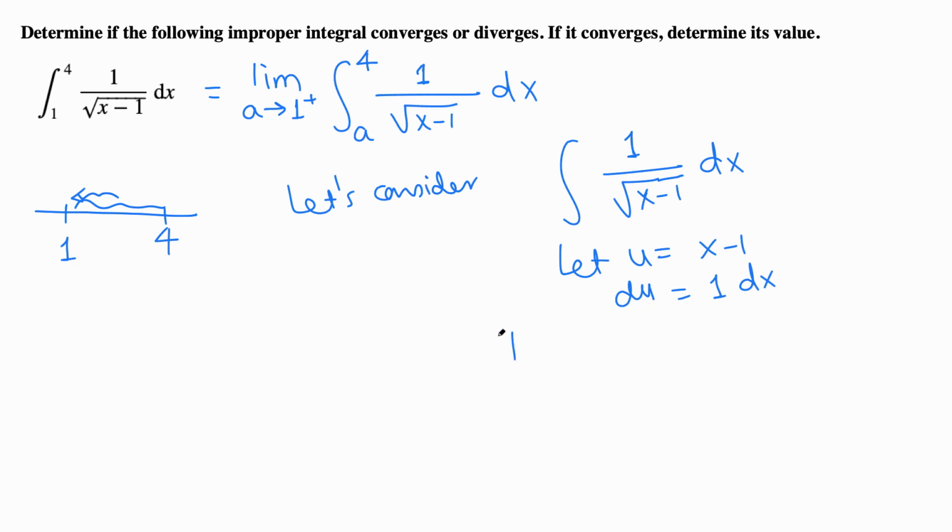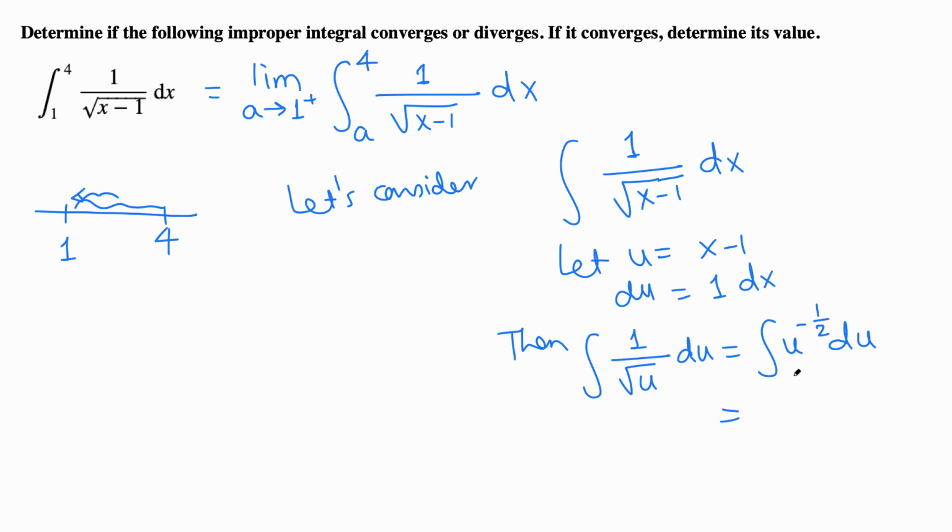Then this one is 1 over root u, and dx is just du. Now we can easily integrate this. U raised to 1/2, move up, so u raised to negative 1/2 du.